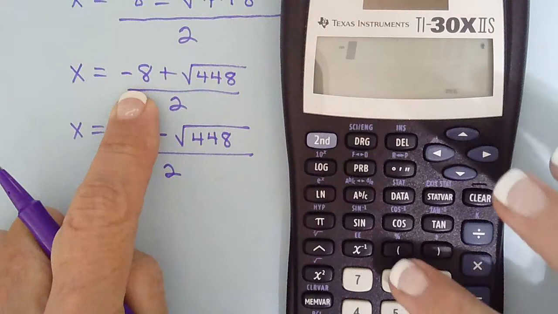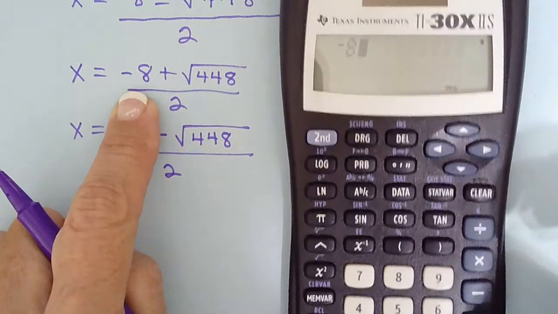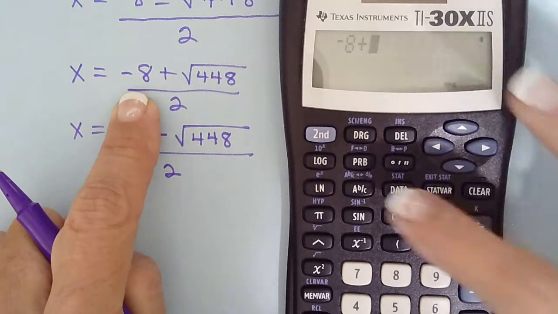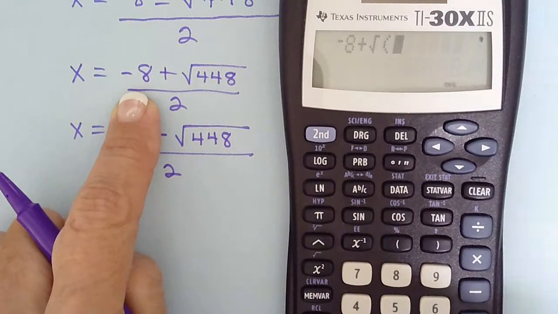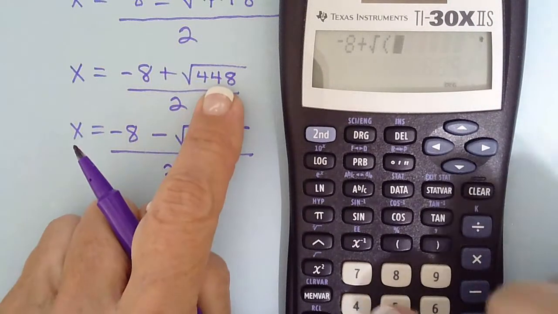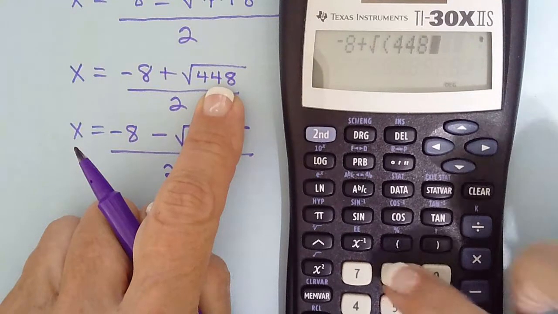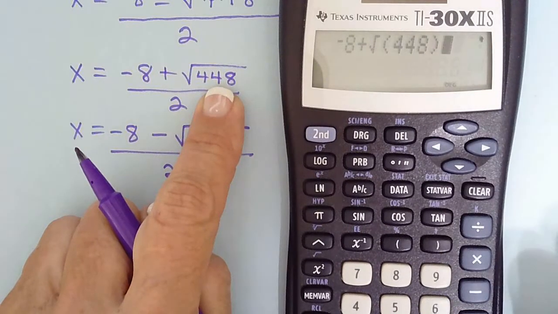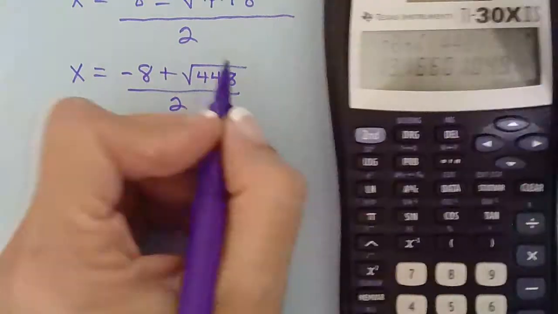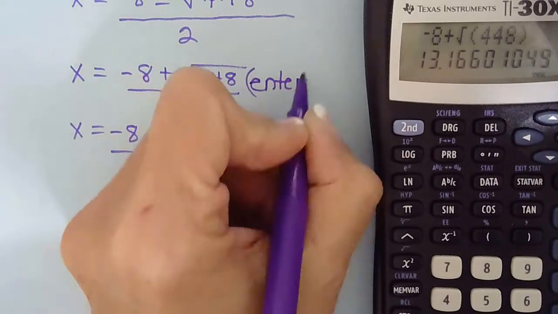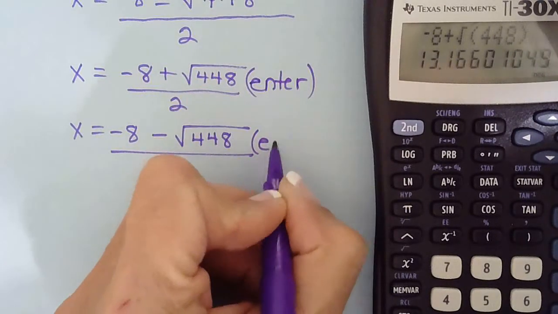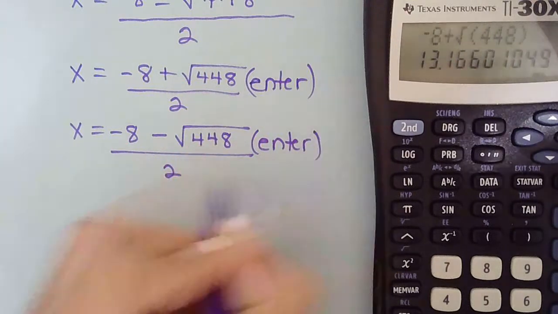So it'd be -8 plus, and then we do second x squared, which is the square root key, and that would be 448. Close your radical, hit enter. So on your paper, and hopefully you're doing this on a separate sheet too, so that you can look back at it later to remind yourself.